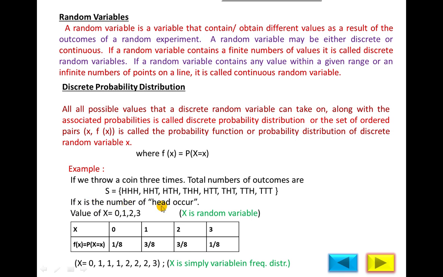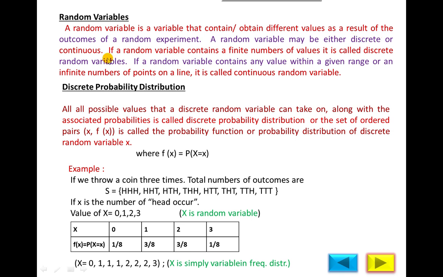The possible values of x may be 0 heads in one of these outcomes, 1 head in 3 of them, 2 heads in 3 of them, and 3 heads in only one outcome. So the possible values are 0, 1, 2, 3.